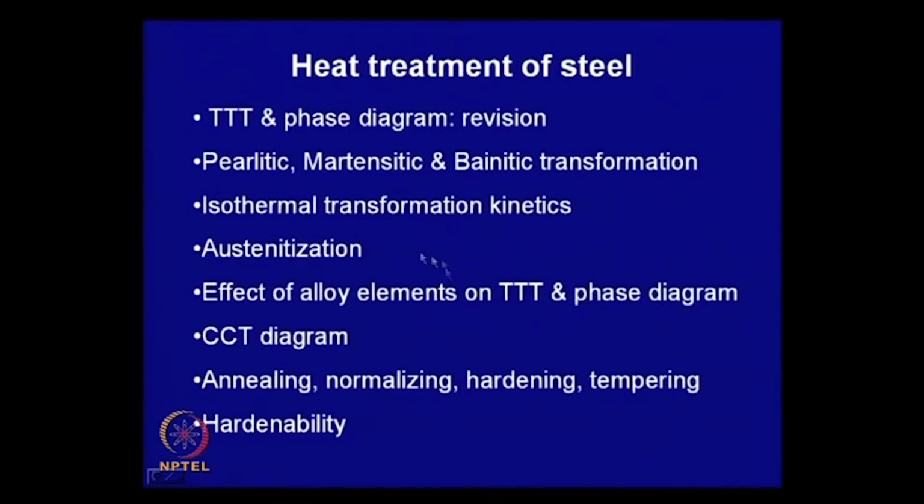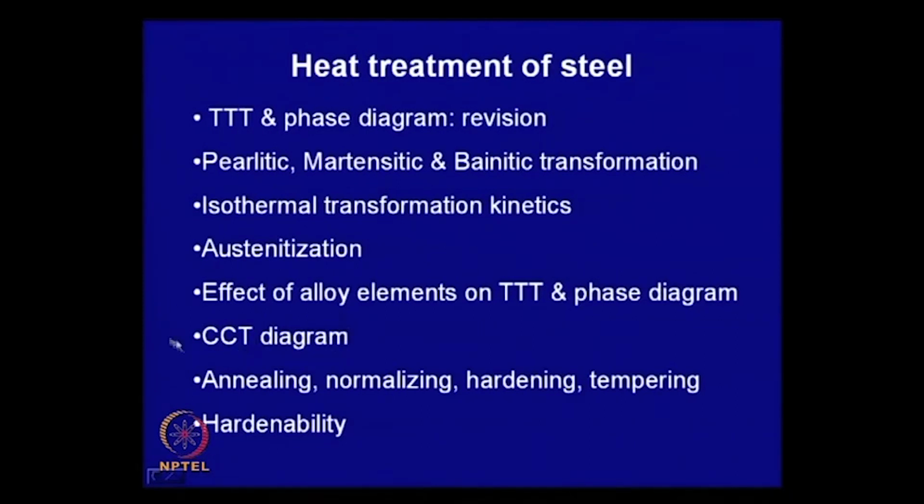Very often what we do, this is called the time temperature transformation diagram, and these diagrams are generated from experiments conducted under isothermal conditions. But normally when you quench a steel, the temperature at a particular point in the steel changes continuously.